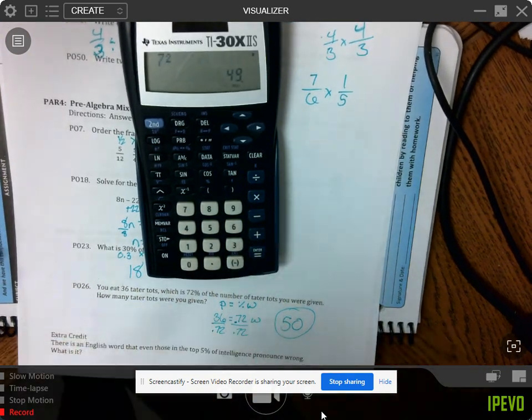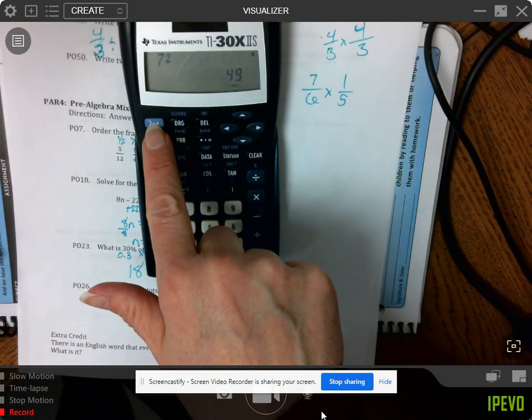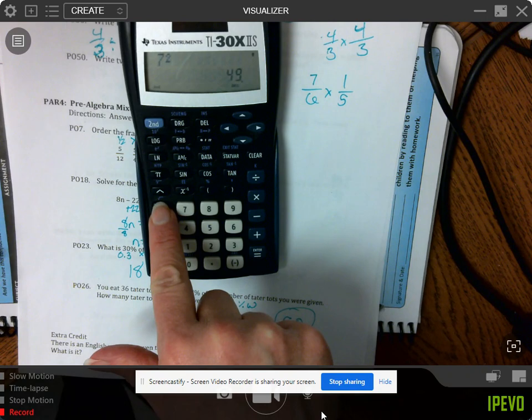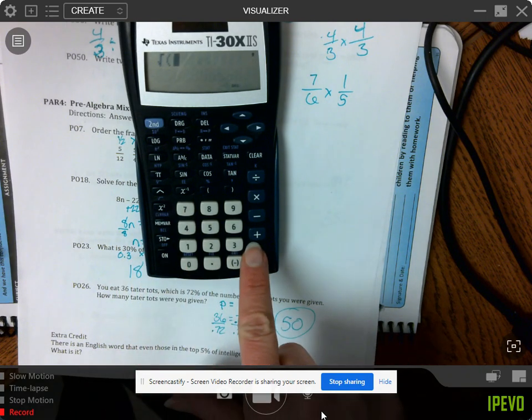To find the square root of it, we do the opposite. We go up to the second, and we press that same button because we see that square root symbol on the calculator.